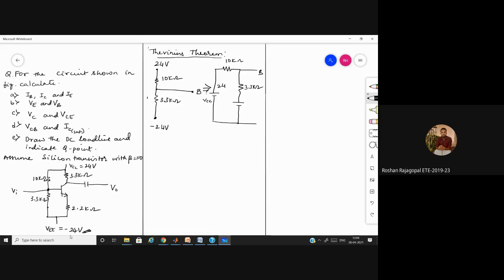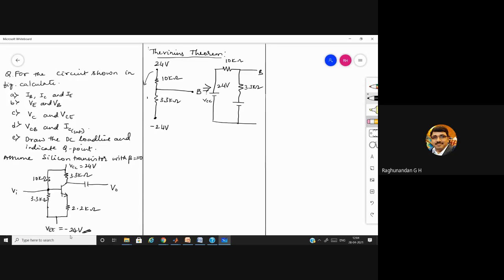What about this? Whether it is right or wrong? See, we are taking this here, so shouldn't the polarity of the second one change? Yes.